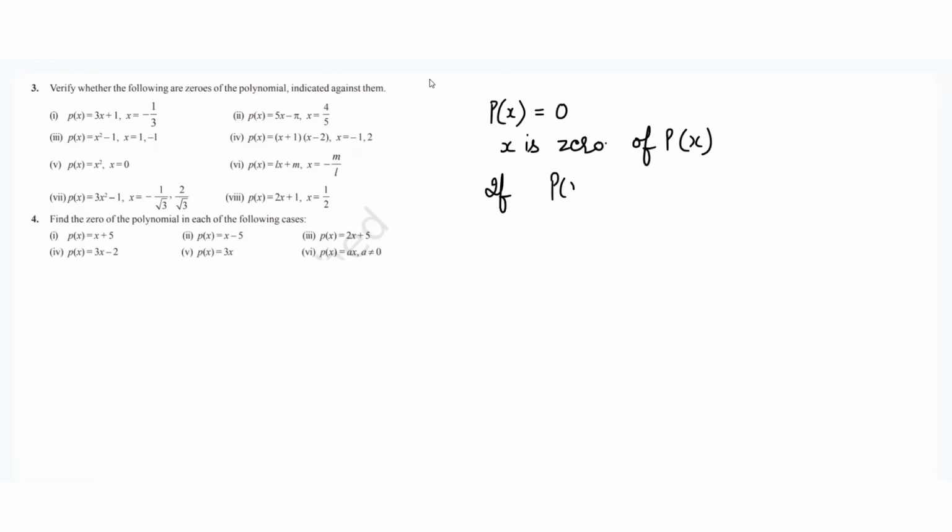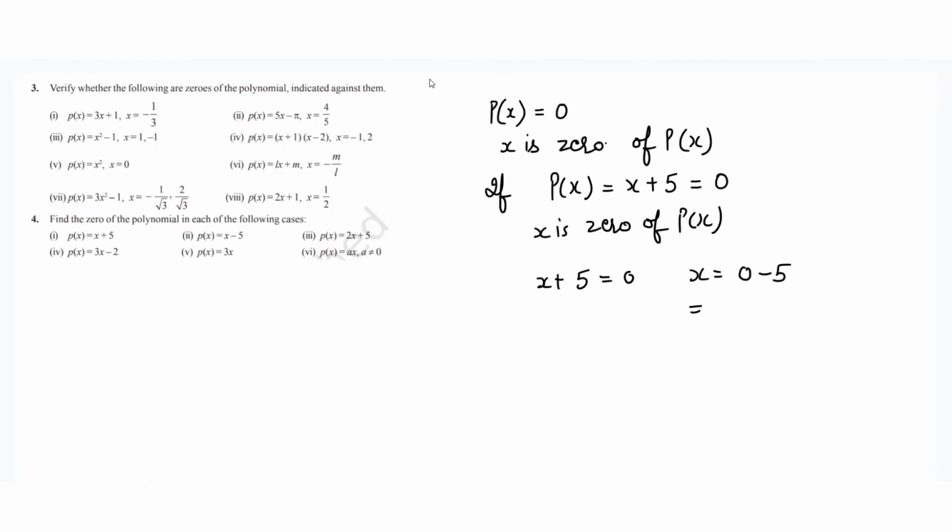If P(x), which is x plus 5, is equal to 0, then we can say x is zero of P(x). So in that case, we have to write x plus 5 is equal to 0, and x will be equal to 0 minus 5, which is equal to minus 5. So that means x is equal to negative 5 is the zero of the polynomial.